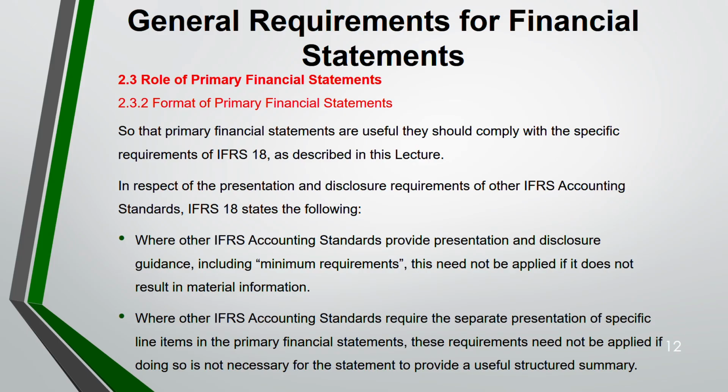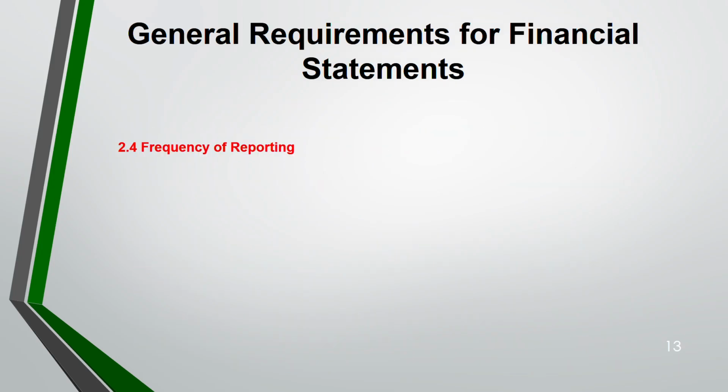Okay, that's what IFRS 18 is saying. One, if it's not material, do not disclose it, even if another standard is saying so. Next, do not separately present information about a specific line item if doing so is not giving you a useful summary.